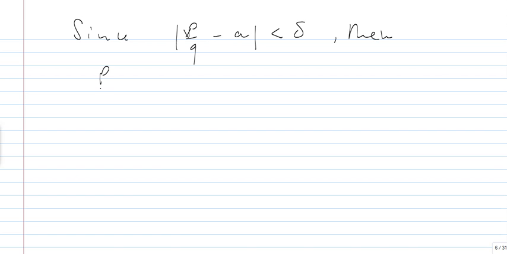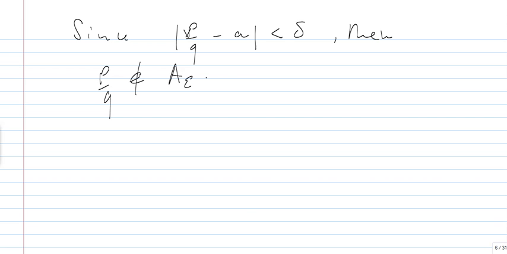So in this case, since |p/q - a| is less than delta, then p over q is not in A epsilon.